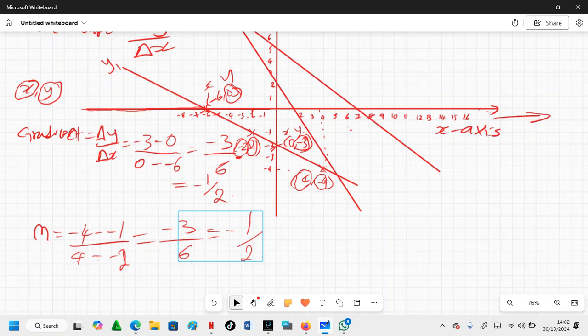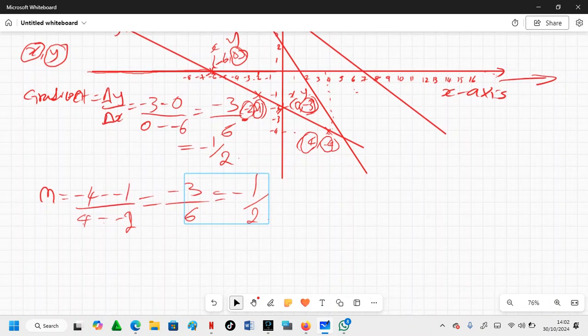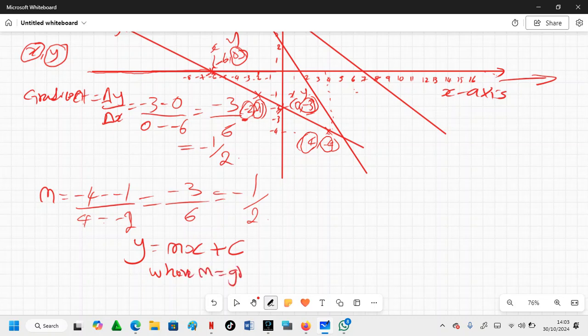All right, now in our equation of a line, we said the equation of a line is in this form: y is equal to mx plus c. If you write the equation in that form, then that one is an equation of a line, where m is the gradient.